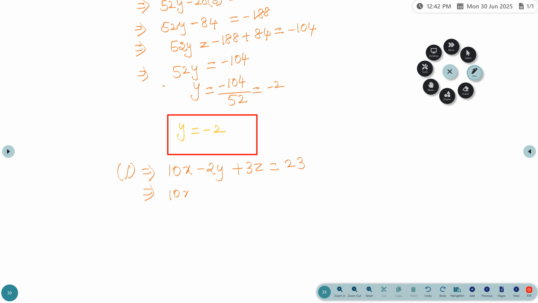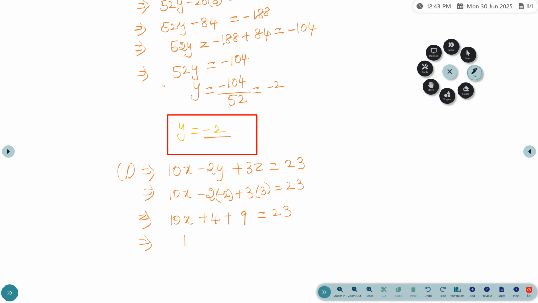Now substitute the values of y and z here: minus 2 into minus 2, plus 3 into 3, equal to 23. So this implies 10x plus 4 plus 9 equal to 23.